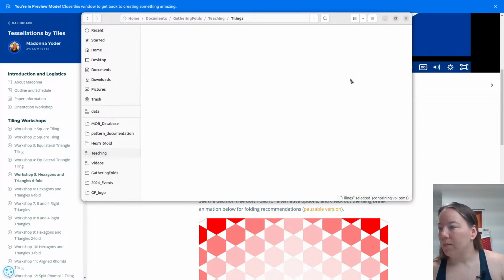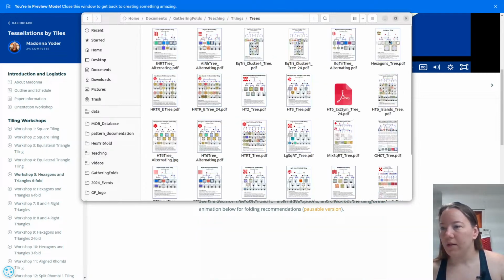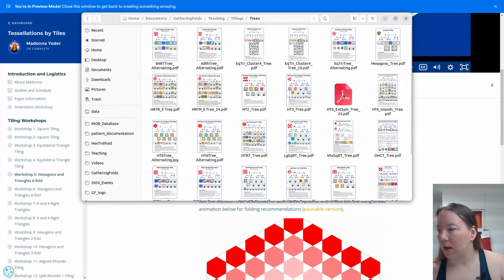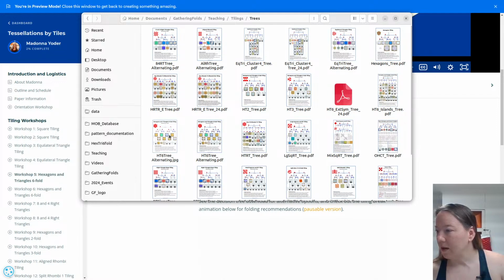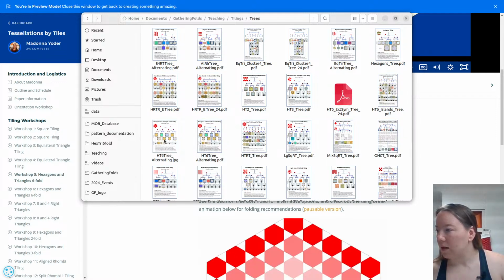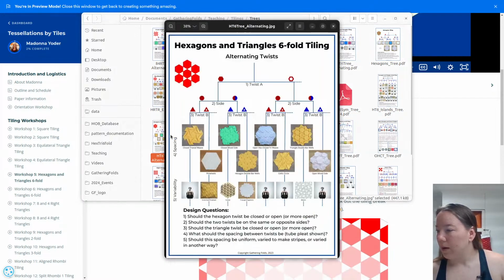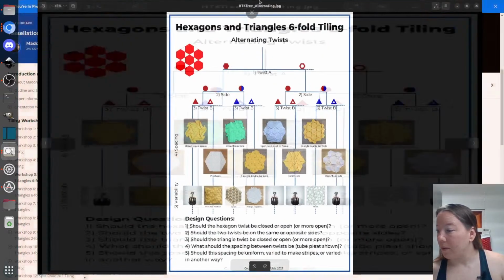So if I'm looking at these guys, I want the hexagons and triangles sixfold alternating tree, and looks like one of these is the more updated one.